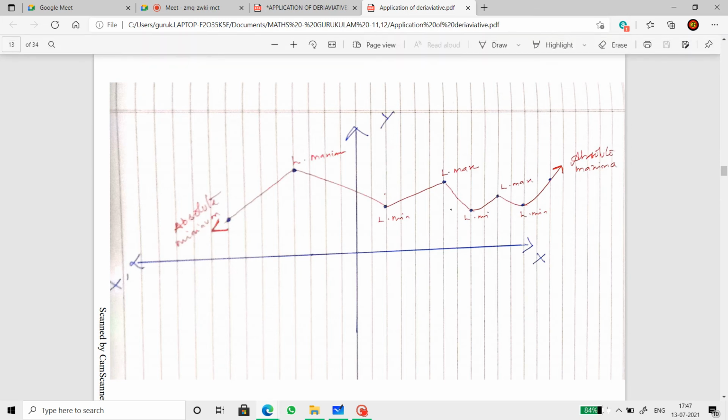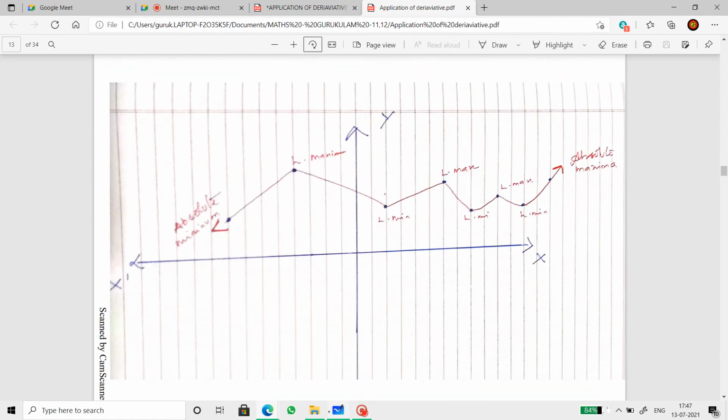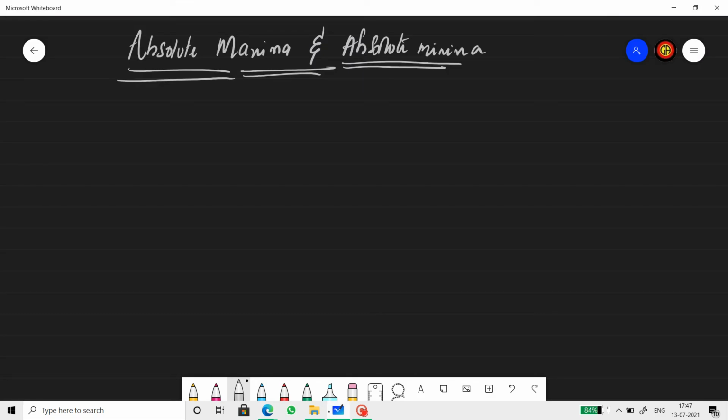Now, what are the steps that we follow when we do this? Step 1, differentiate the function. So from f of x, find f dash of x. Step 2, equate f dash of x to 0.